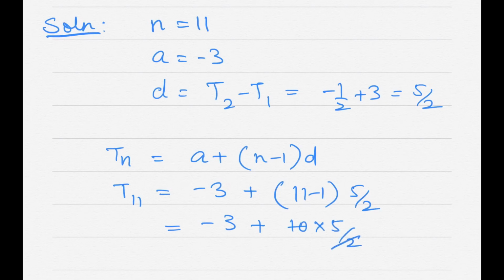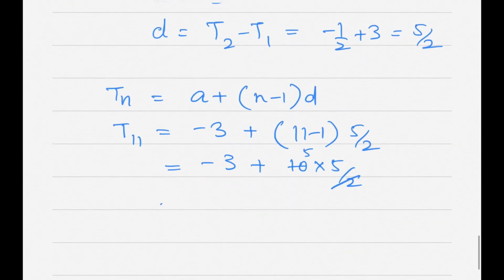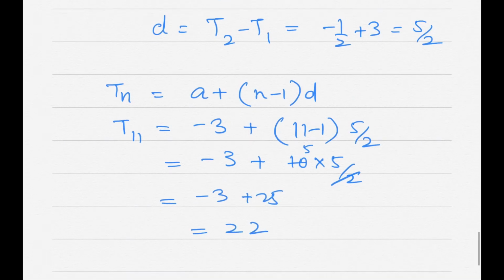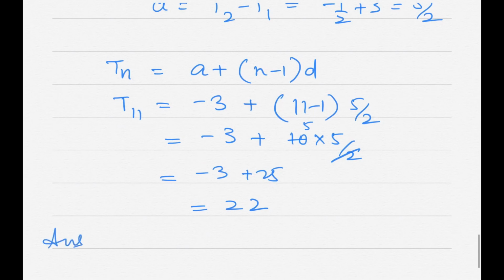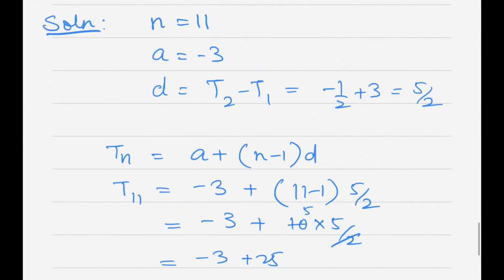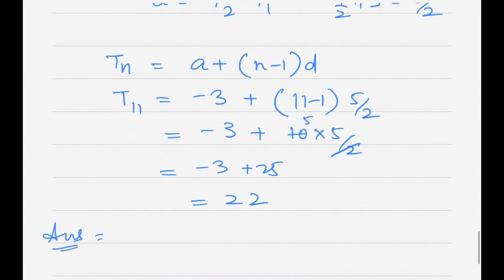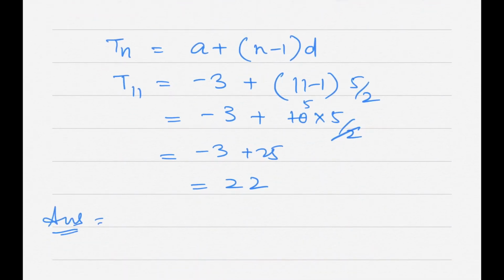So this 2 goes 5 times. So I get minus 3 plus 25, right? So this comes out to be 22. So my answer, I would say, 22 is which option now? B. So I would say my option B, and the answer is 22. So I'll write down both things.